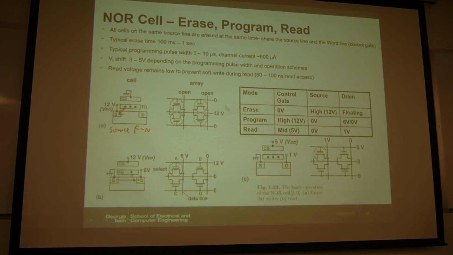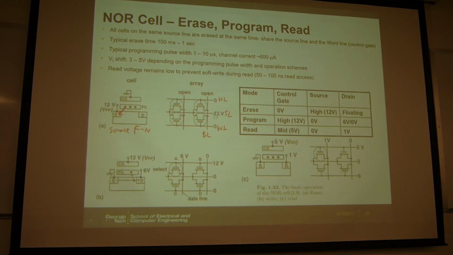And in the array, here this is a NOR flash array. We just draw 4 cells as an example. So for this source line, you apply 12 volts to the source line, and then for the word line, you ground it.